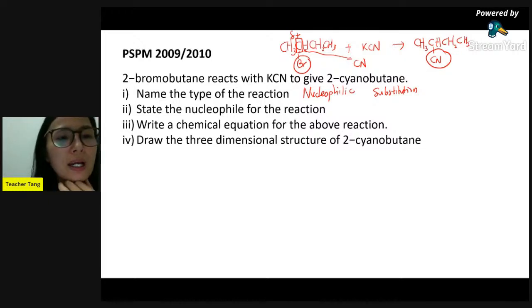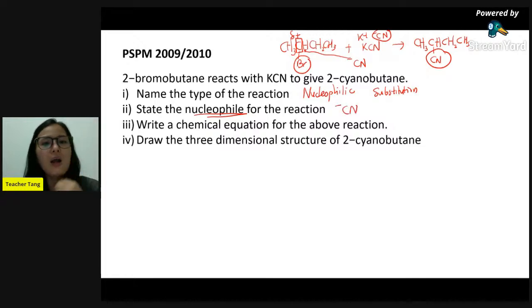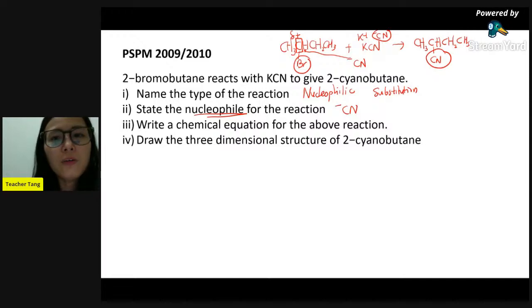State the nucleophile in this reaction. KCN is an ionic compound, so you have the cation and also the anion. Which one is the nucleophile? The nucleophile is rich in electrons, so it is the cyanide ion.